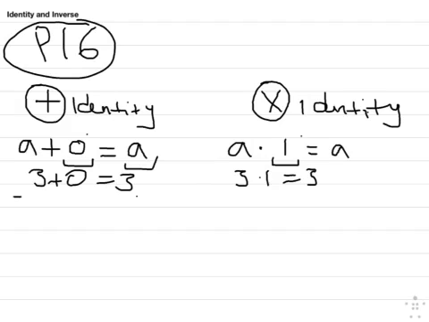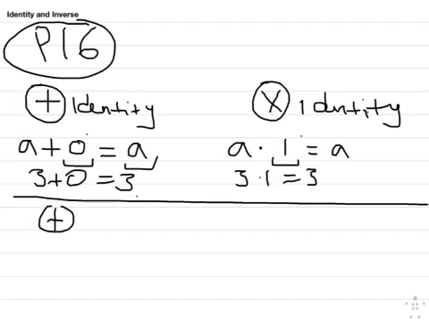All right, and then the next thing we have is inverse. So we have additive inverse. And the question we ask ourselves for inverse: if I have some number A and I use the addition operation because I want the additive inverse, plus what number gives us not A again, but gives us the actual identity for addition?